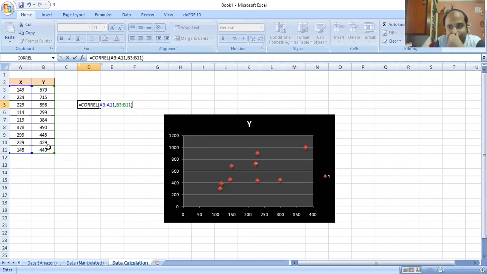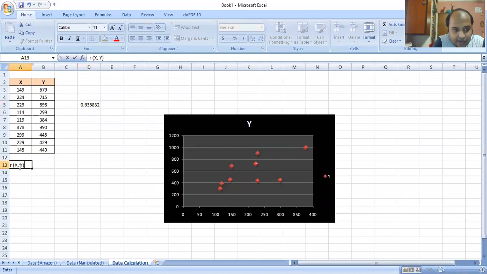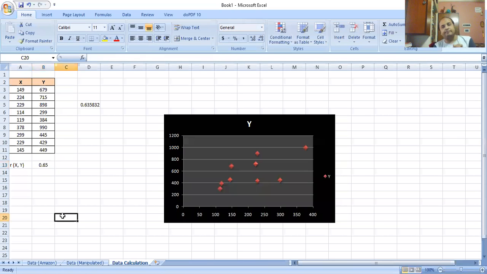Close the bracket. Enter. And that is your correlation coefficient: 0.635832. The correlation coefficient between the two variables capital X and Y is therefore found to be approximately 0.65.